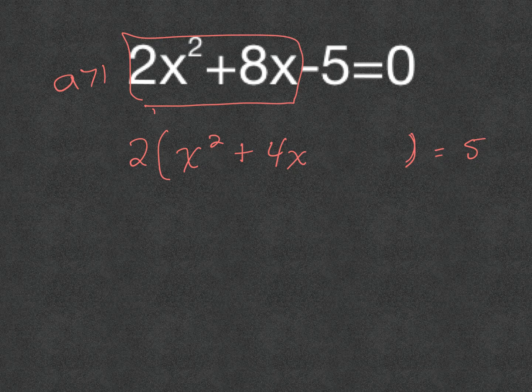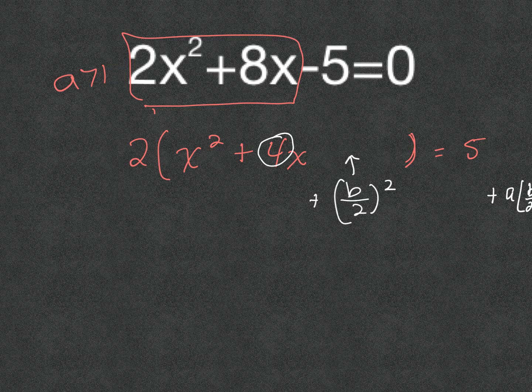What am I going to add here? I'm still going to add b divided by 2 squared right there. And then I'm going to add, on the outside, a times b divided by 2 squared. Let me write that a little bit clearer. b divided by 2 squared here.